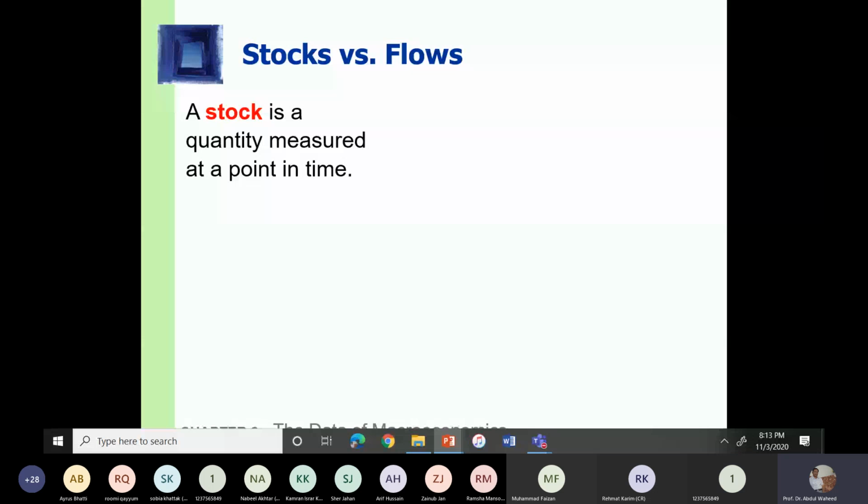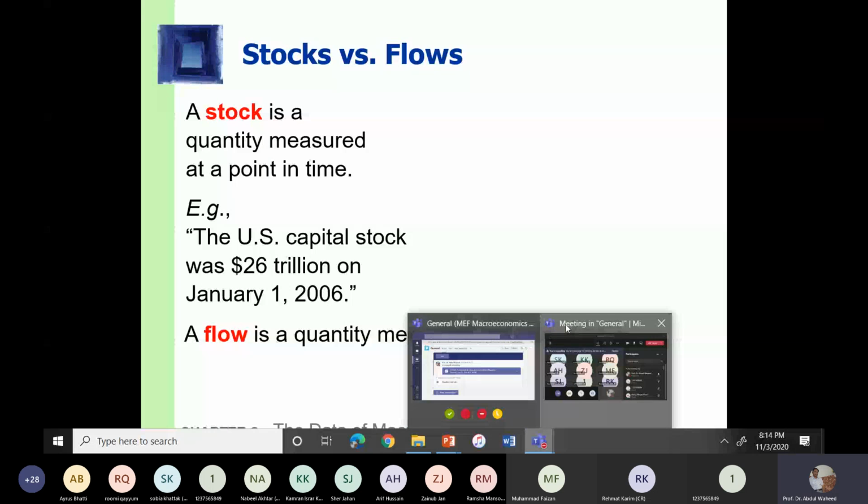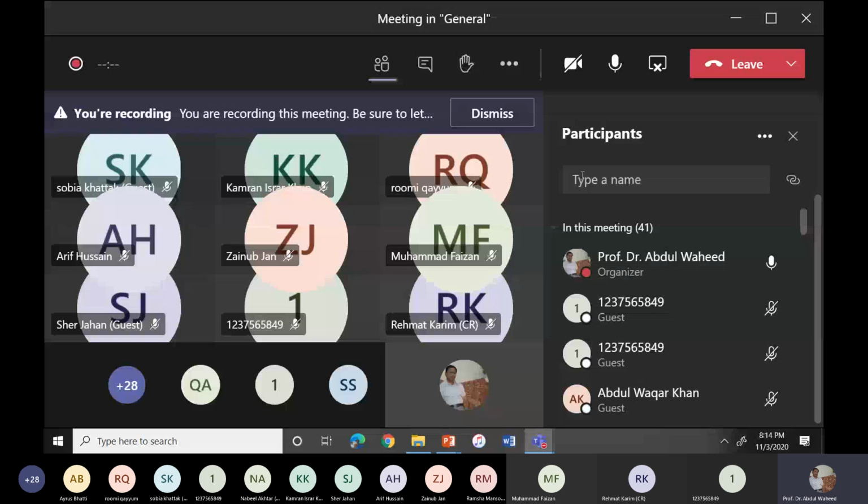Point in time is 2020, and the stock is 500 computers. Suppose US capital stock was 26 trillion on 1st January 2006. And the flow is a quantity measured per unit of time.